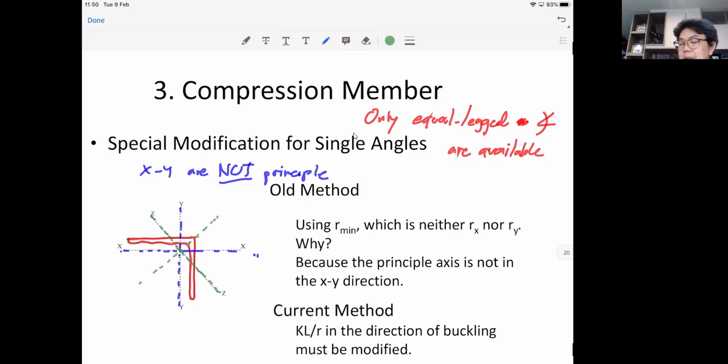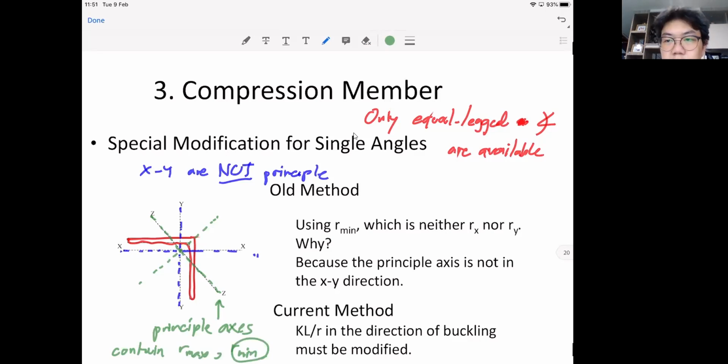okay? So that means in the old days, when they designed the angle, they would have to consider the radius of gyration of the green axis. This is the principal axis. Axes. So that means they contain R max and R minimum.